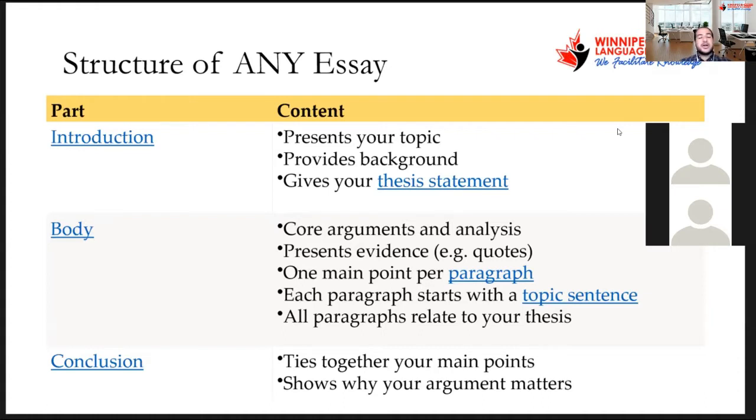And all paragraphs must relate to your thesis, because if you have all the ideas connected to the thesis statement, this shows that your paragraph has unity, it is coherent, and it is cohesive. In the conclusion, you just tie together your main points, and then you show why your argument matters.